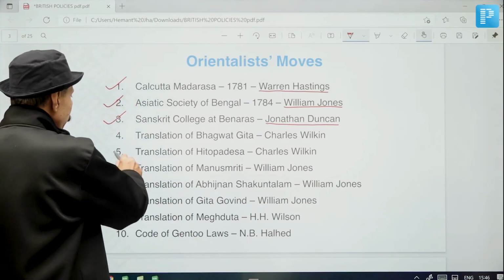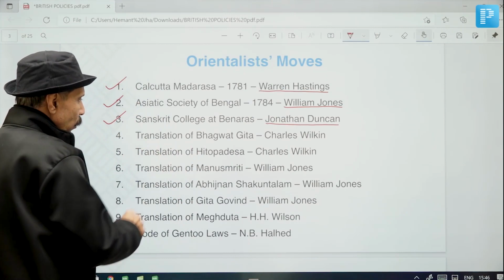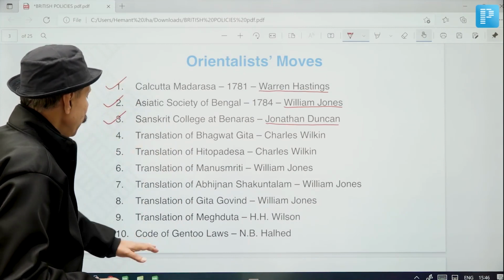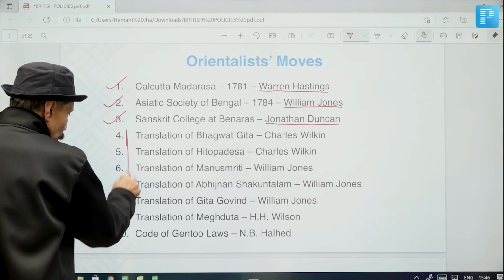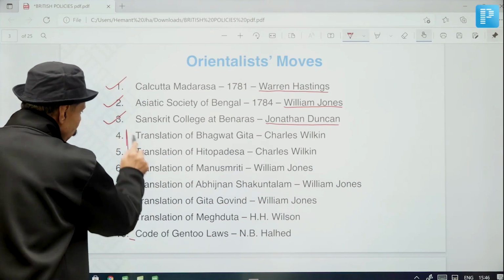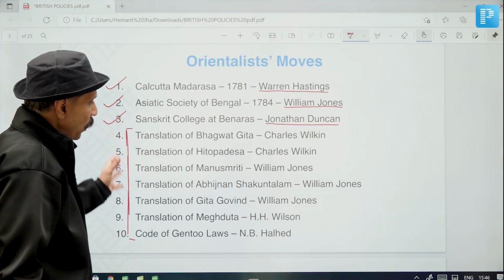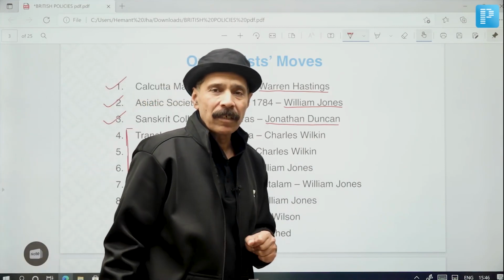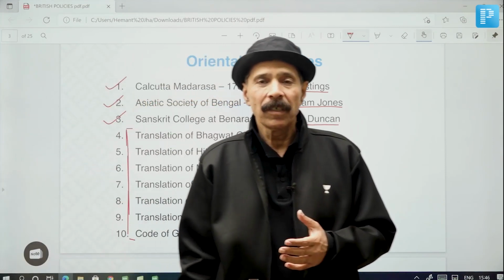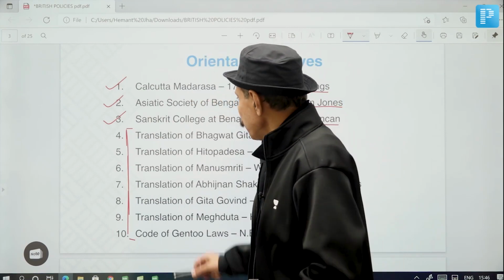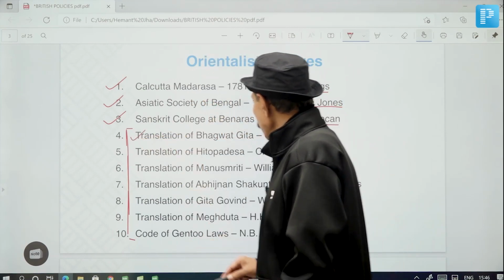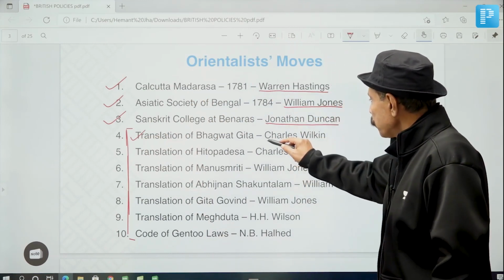Next one is translation of Bhagavad Gita. And after this, all the other points, 4 to 10, they are all related to translations. Translations of very, very important Indian texts. First one is translation of Bhagavad Gita by Charles Wilkin.